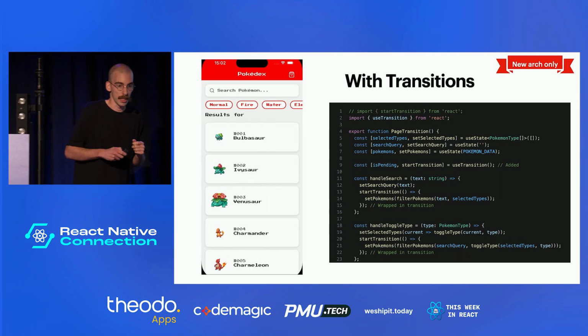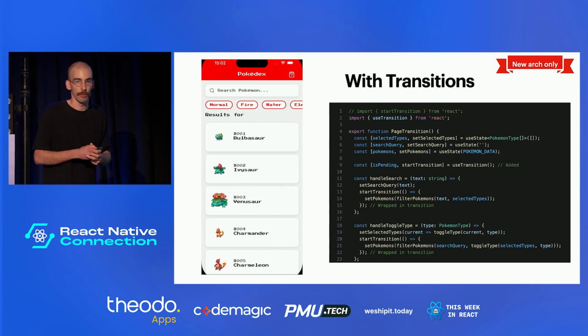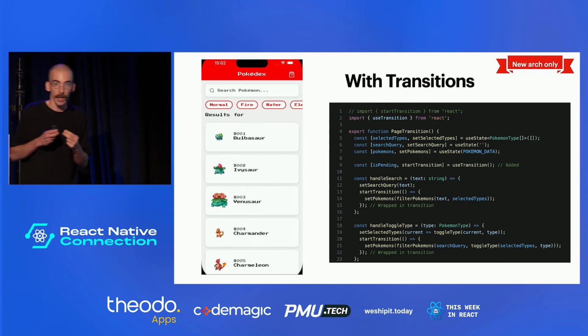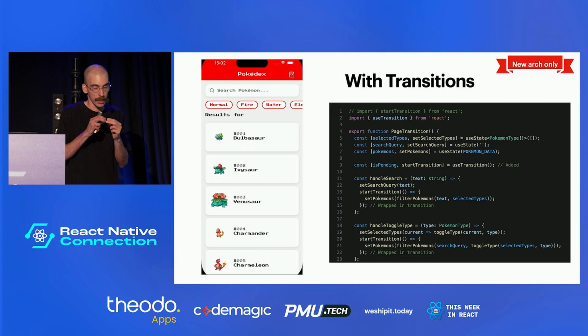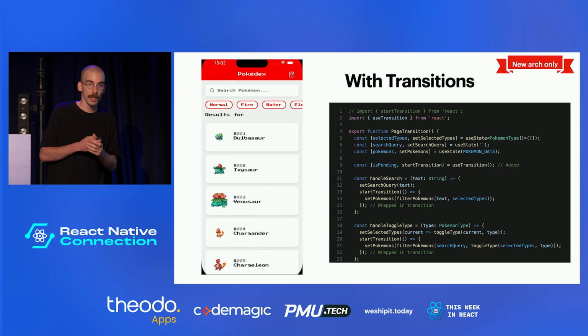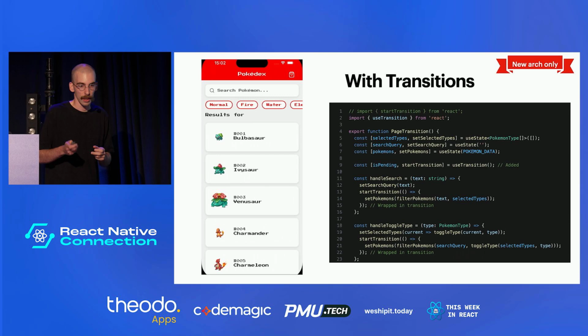So I'm going to use this isPending state to display three dots after the result string. And what startTransition will do is mark the state update inside of it as non-critical for React. And so React will know that it can interrupt this state update for other state updates that might come in.